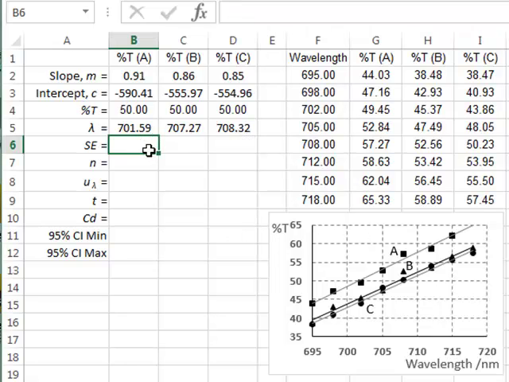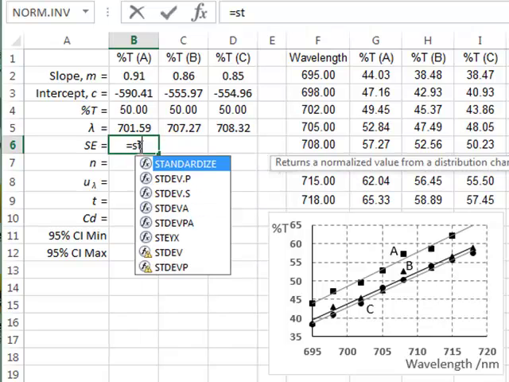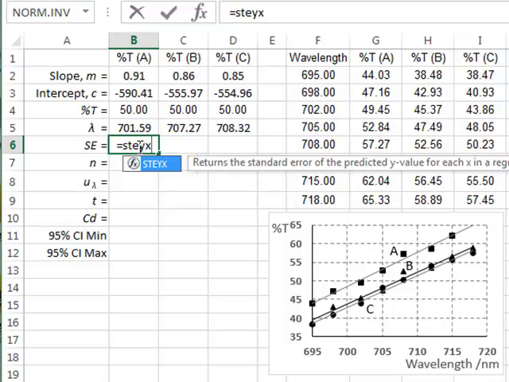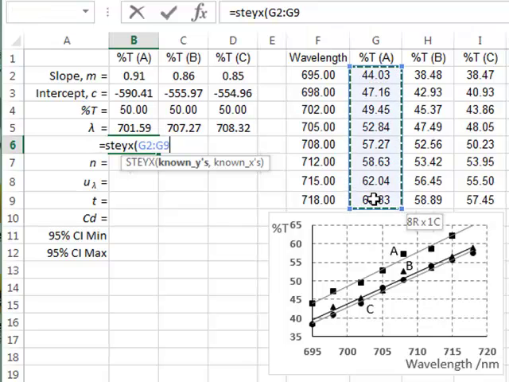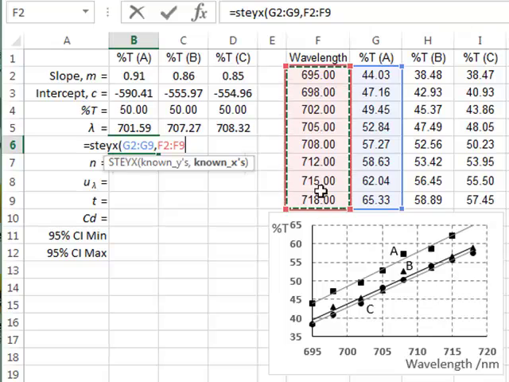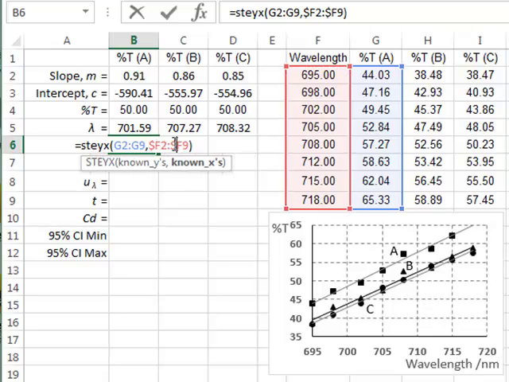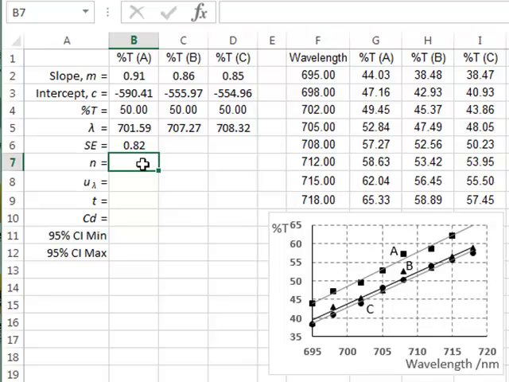We start in B6 with the standard error of regression, which in Excel can be calculated by the function STEYX, again with the known Y values and known X values, including the dollar signs. We also need to enter the number of calibration points, and we have 8.